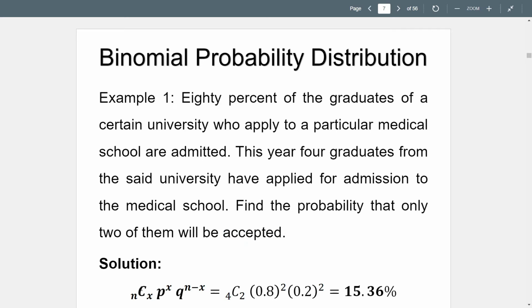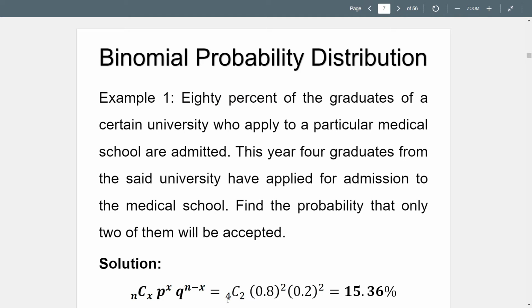Based on the formula, n is the number of trials, which is 4, and x is the number of successes, which is 2, and p is the probability of success, which is 80%. And q can be solved as 1 minus p, so 1 minus 80% is 20%.